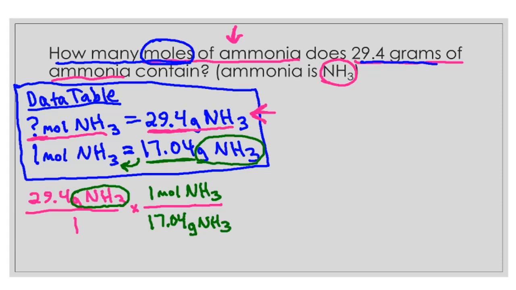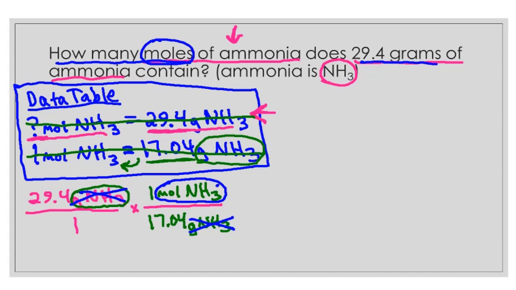Now we've used up this line in our data table, and we've tackled that line, and we're all done in our data table. So now we can go through and cancel out these units of measurement in our dimensional analysis. So since grams of NH3 is up here and diagonally down here is grams of NH3, those cancel out, leaving us just with moles of NH3 with nothing to cancel that out, so we have to leave that there.